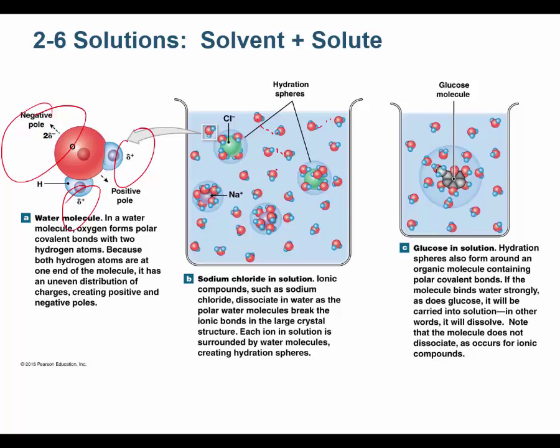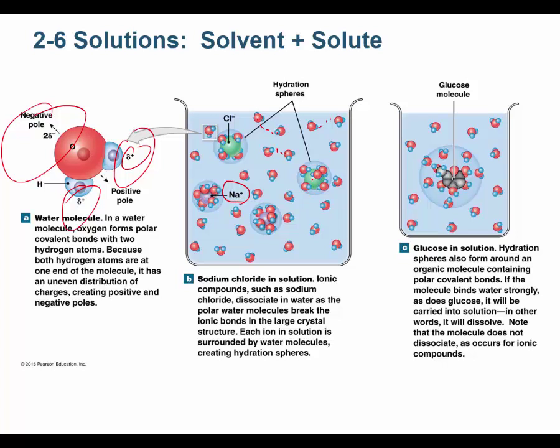Now remember, polar means partially charged. Like the water molecule is polar, partial charges. And charged means it has a full charge. Because water itself is polar, it can make hydration spheres around cations. How does that happen? If you look at this cation right here, the partially negative oxygens orient towards the positive sodium.